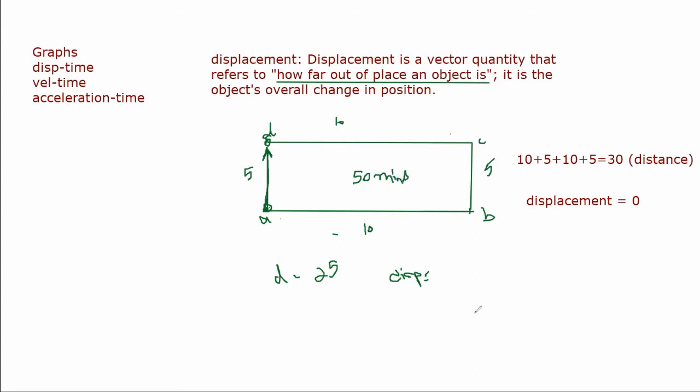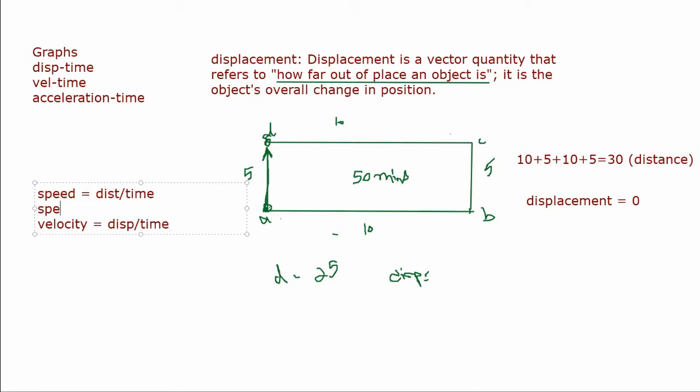In this case, the formula for speed is distance over time. The formula for velocity is displacement over time.